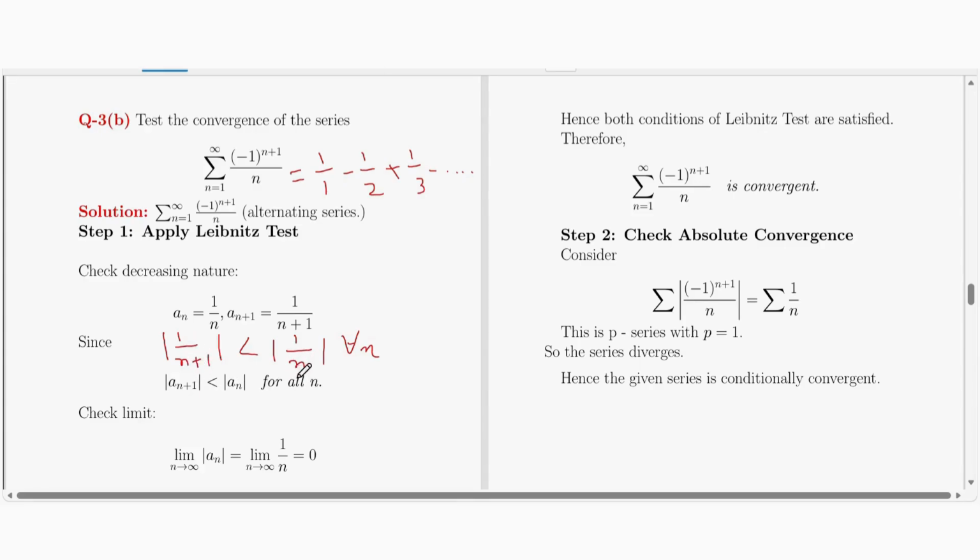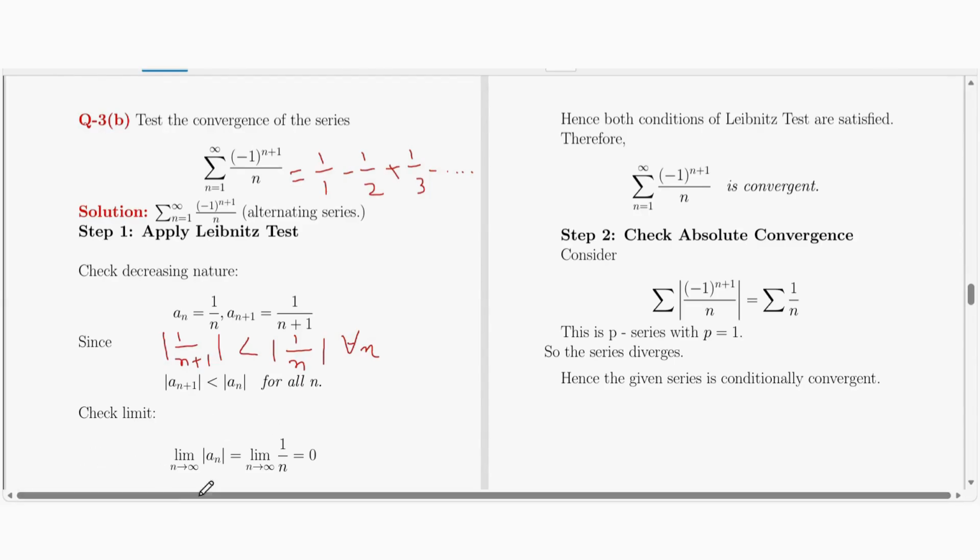So for all n this inequality is satisfied. We can say |a_(n+1)| is less than |a_n| for all n. So the first condition is satisfied.